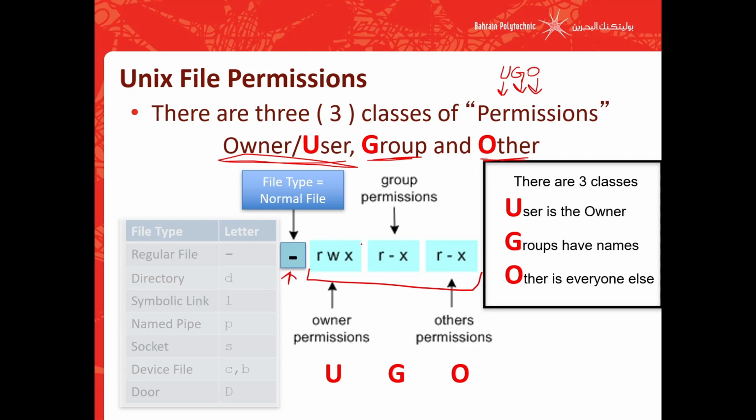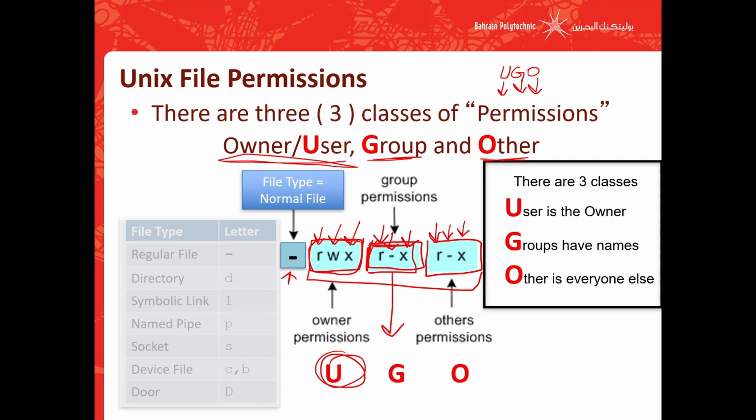Within that, you have three characters for each set. So this is considered 1, this is considered 2, and this is considered 3. Similarly here, this is 1, the dash is 2, and this is 3. And then you have the last one, 1, 2, 3. The first box represents the owner or the user. The second box represents the group.